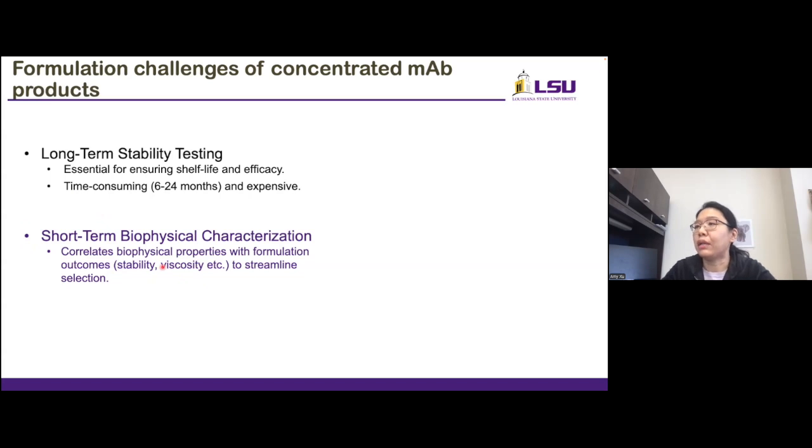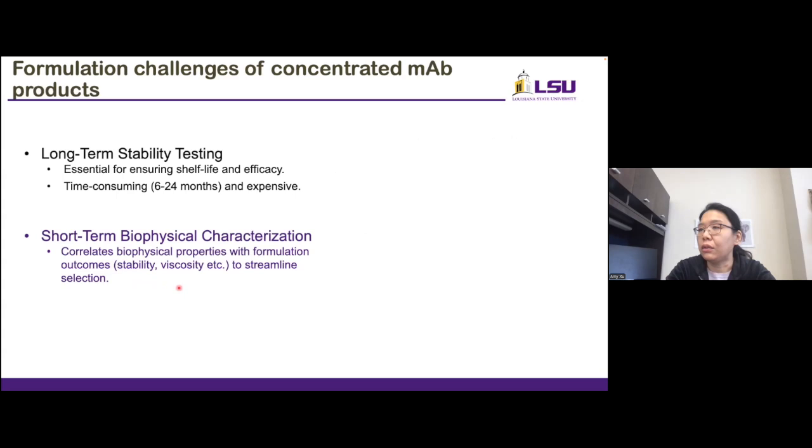You can correlate these experimental parameters with long-term stability or viscosity profiles to predict how well they would behave in such formulation conditions. This method can be high throughput as well, so it will significantly shorten the timeline used to determine the best formulation condition for a particular mAb product.